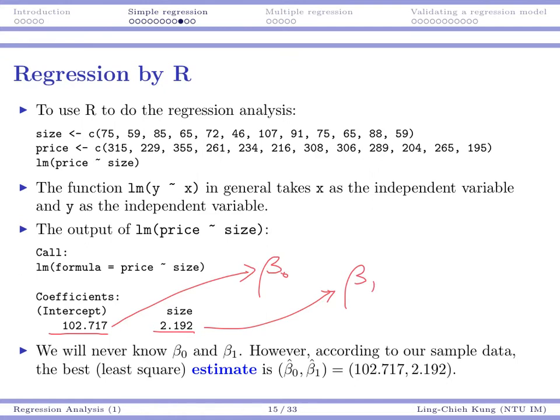This is close to 102, but with this particular function we can really find the best, the least square estimate. We're going to call it beta hat 0 and beta hat 1: 102.7 and 2.2. This is the best estimate.